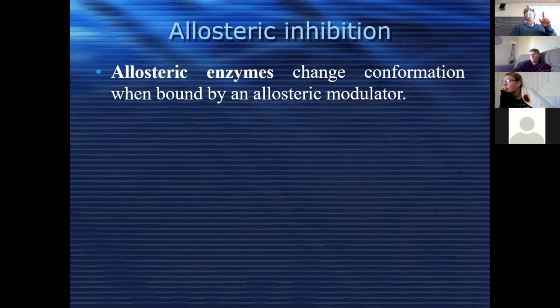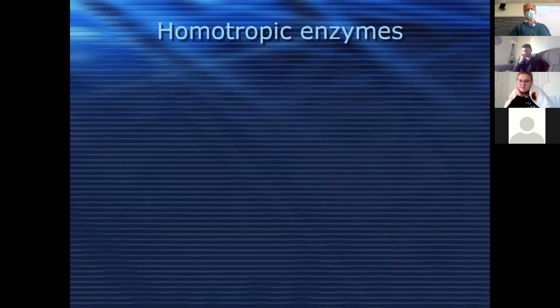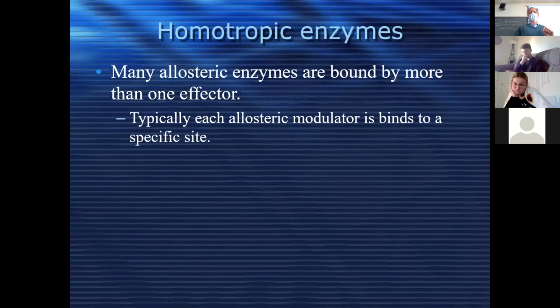Now, there's a group of allosteric enzymes called homotropic enzymes. These enzymes, homotropic enzymes, actually have a special active site, and the active site is both the active site and the regulatory site.